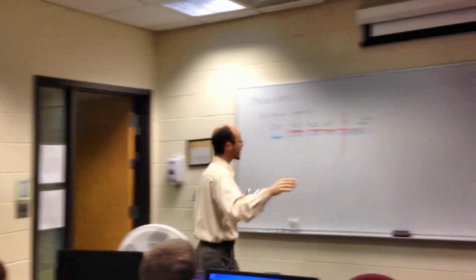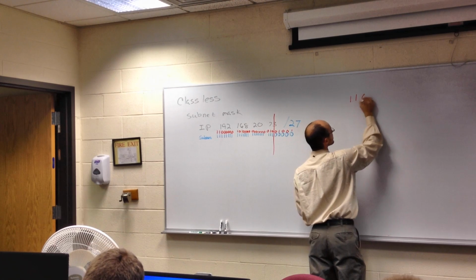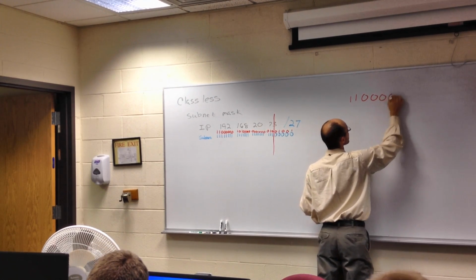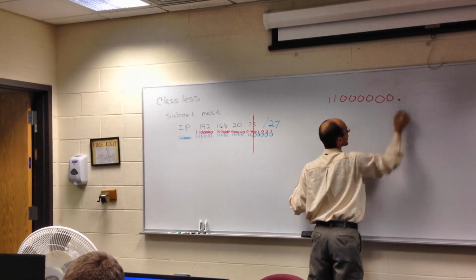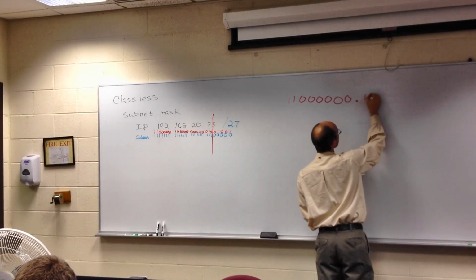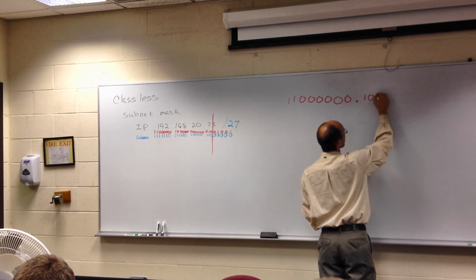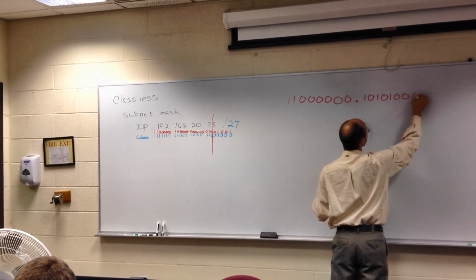Good about that? So like I said, I'm going to write this out much larger for us to see. It's 1, 1, 0, 0, 0, 0, 2 more zeros. I'm going to put a dot here to help me know that that's the first octet. Then I have a 1, 0, 1, 0, 1, then all zeros afterwards.